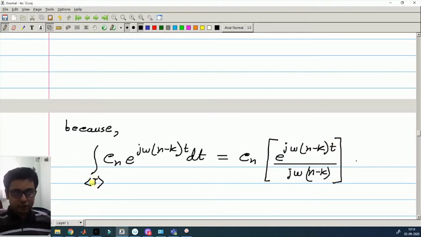Since integration is over a complete cycle, we may put arbitrary limits like tau to tau plus capital T.